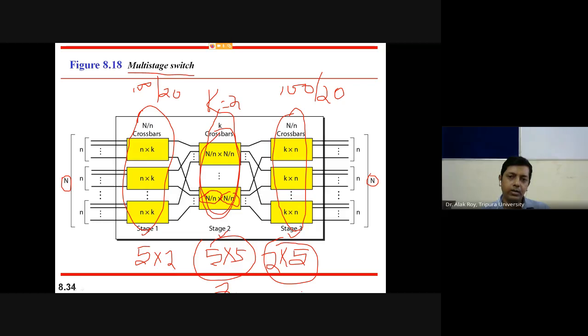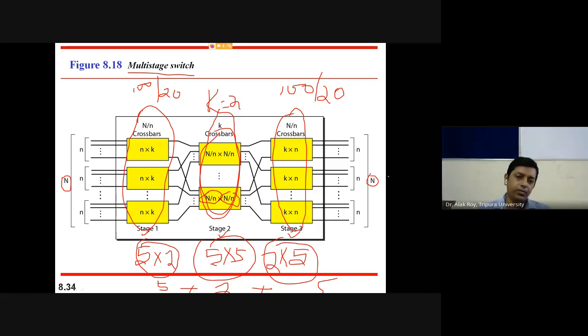Here you are using 5 cross 2, how many? 5. Basically you are using 5 plus 2 plus 5, that is 12. 12 switches are sufficient to connect your 100 users with the other 100 users.